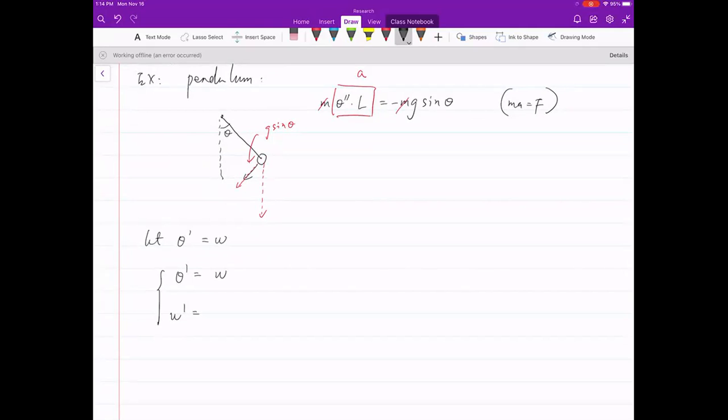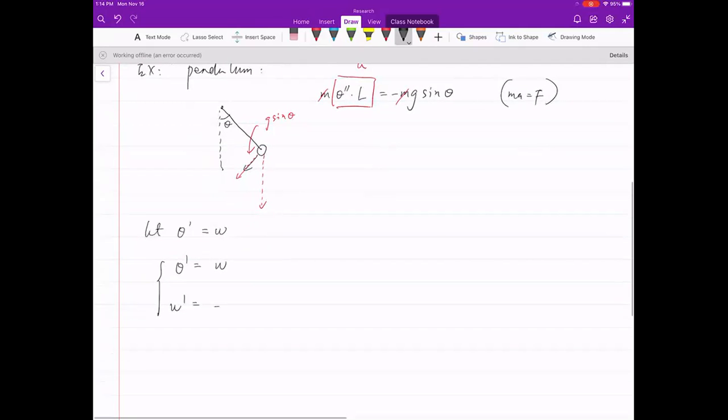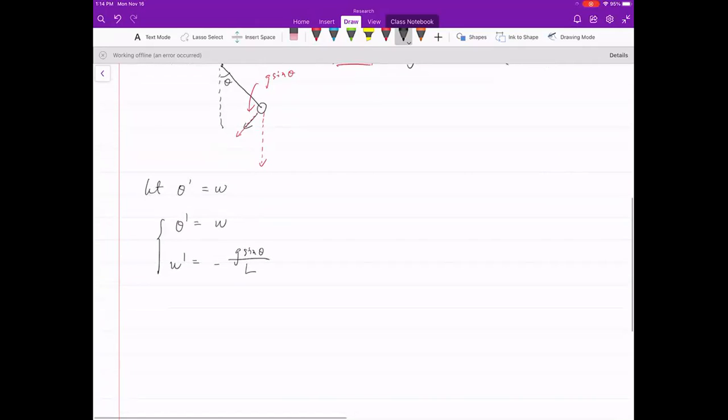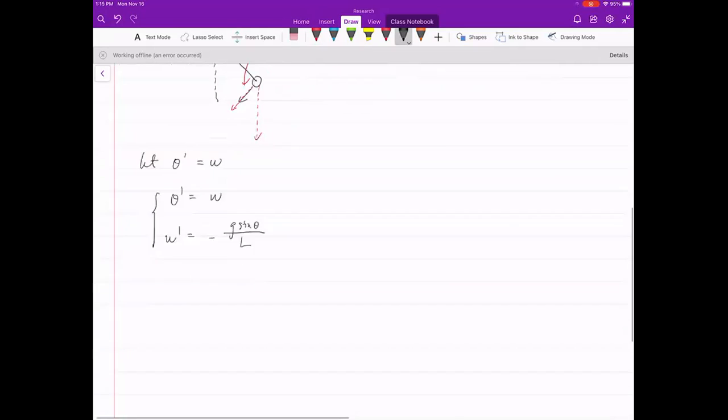And omega prime is nothing but negative g sine theta over L. Sounds good? That's the system. Now, can you find the equilibrium?